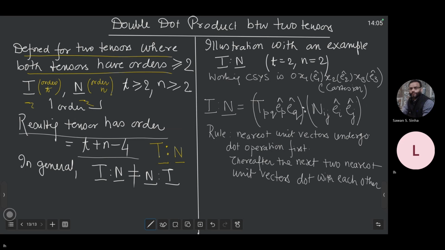This is the rule I am defining. I mean the scientific community defines the dot product like this.